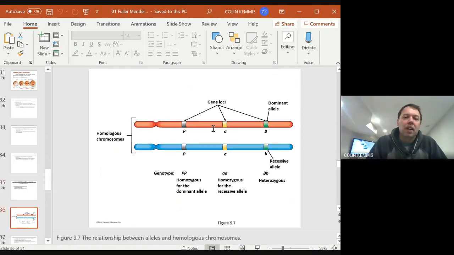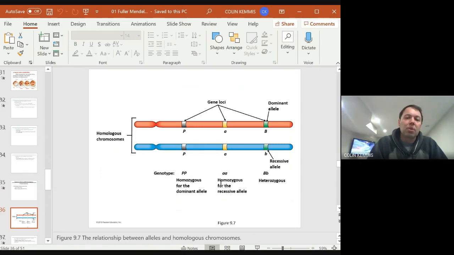Your book shows this diagram. Okay, so here's a pea chromosome. Peas have several chromosomes, but here's one of them. So maybe this blue one, this pea plant got from the father plant, and this red one they got from the mother. Okay, so they have two alleles. Here's a capital P, capital P. So that's homozygous dominant here.